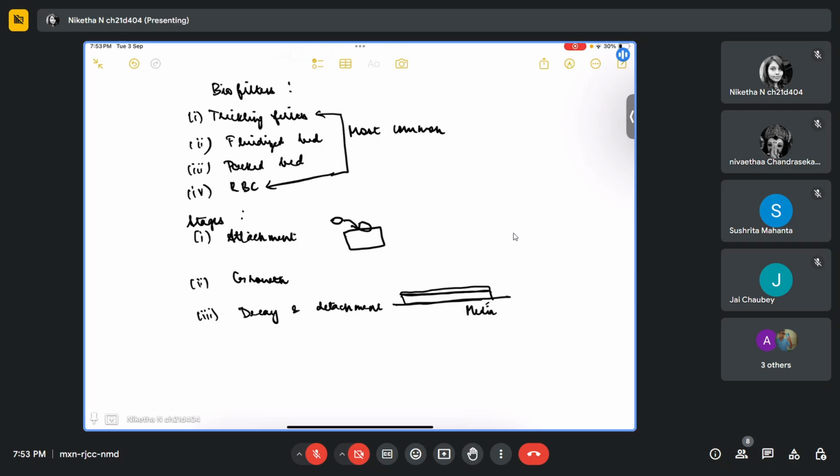So when we do some backwashing, when we pass air or water at a very high speed, this layer will come off. And this process is called sloughing.